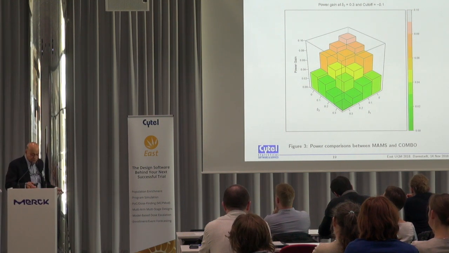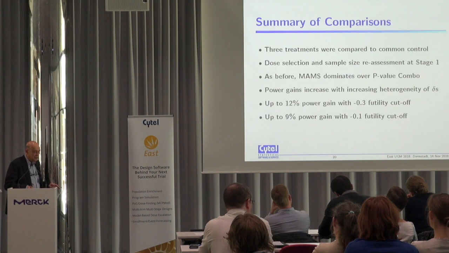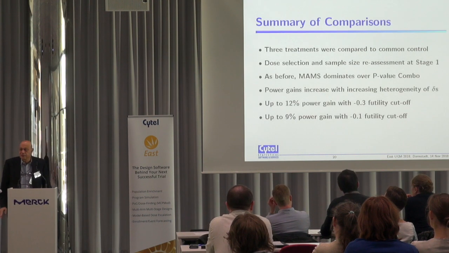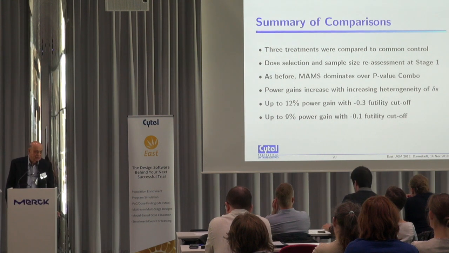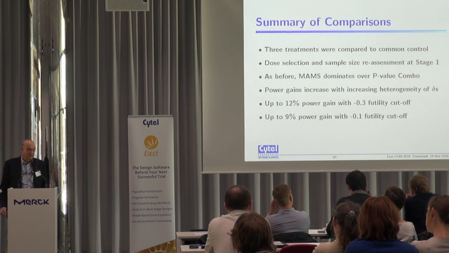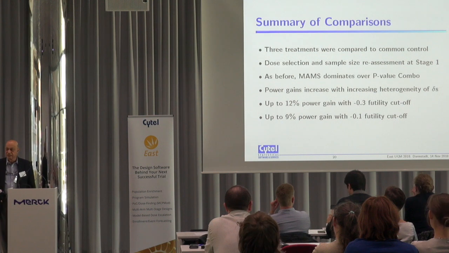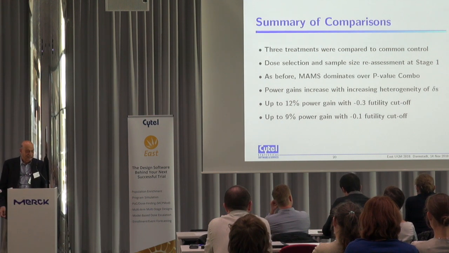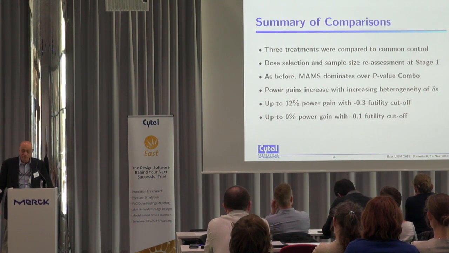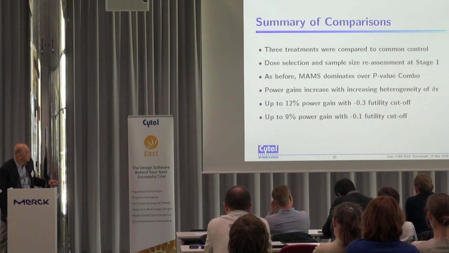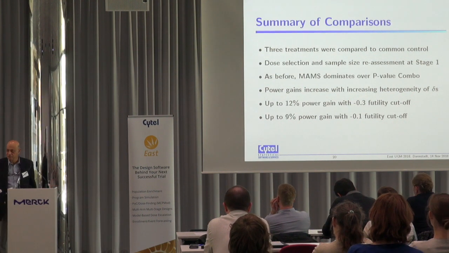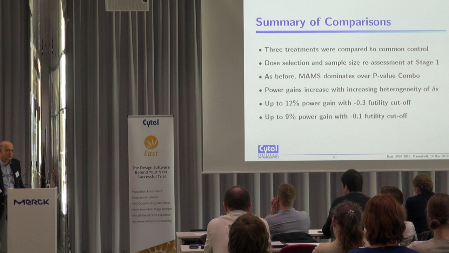So we see that in summary, we compared 3 treatments to a common control, and the dose selection and sample size re-estimation were done at stage 1. As before, I call it MAMS, it's actually both are MAMS. MAMS simply means multi-arm, multi-stage.